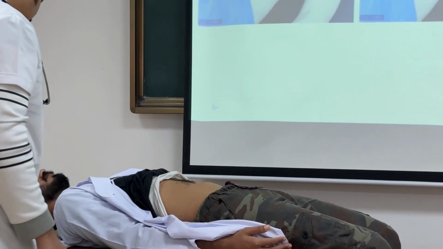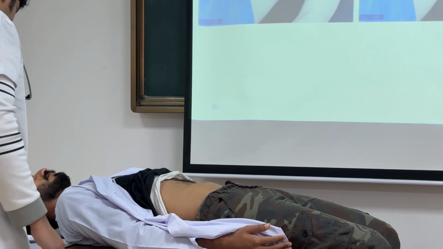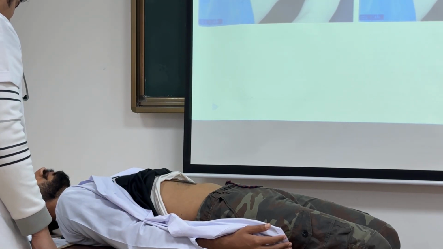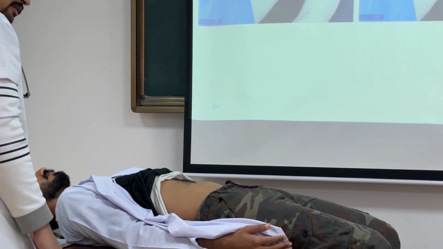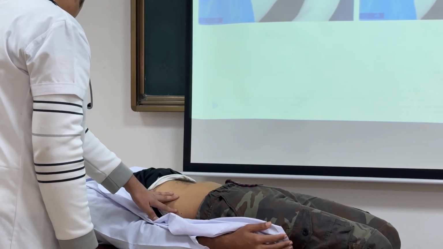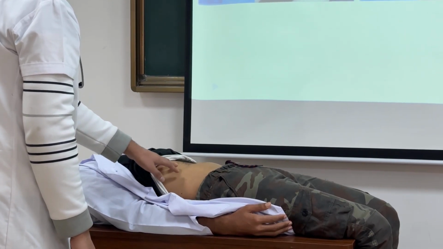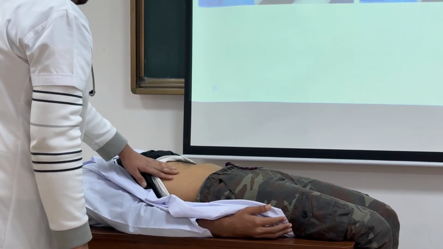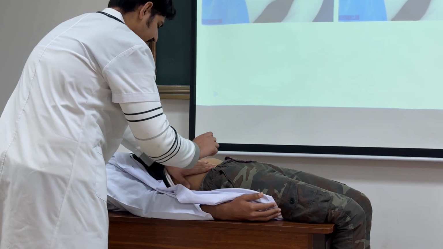Now, I want you to pay attention to the change in percussion note when I tap on the liver. Note the change from resonant to dull when reaching the liver borders. Here I percuss the spleen.